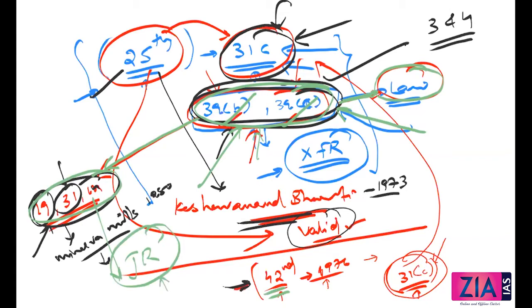Even in previous cases, judicial review was mentioned as a basic feature, but here it has been formally recognized that judicial review is actually the basic feature of the constitution. So the basic feature doctrine is getting evolved, and we discussed that yesterday also. I hope the situation of DP is clear now.